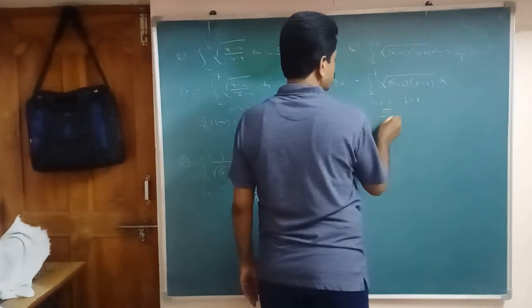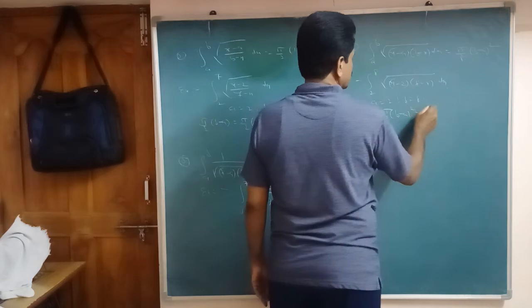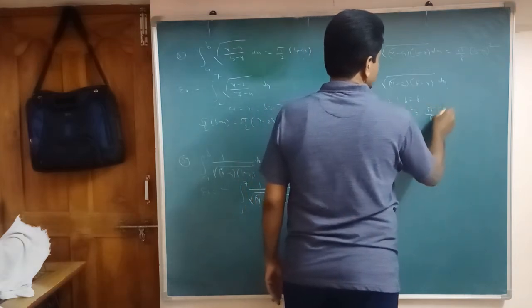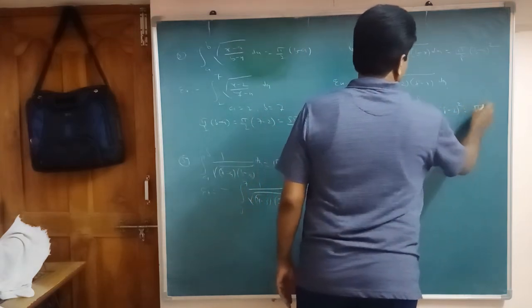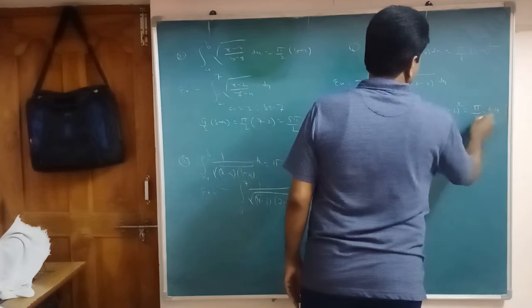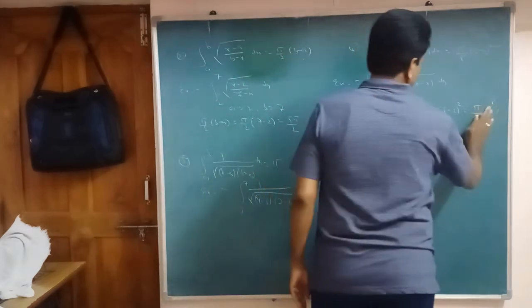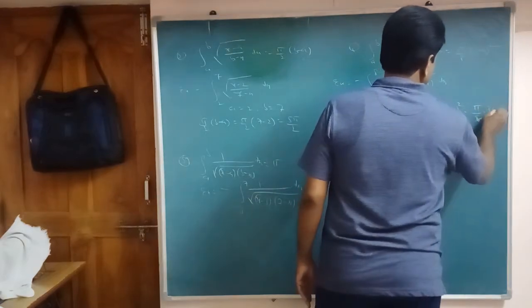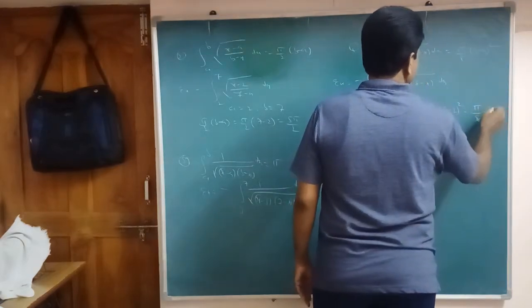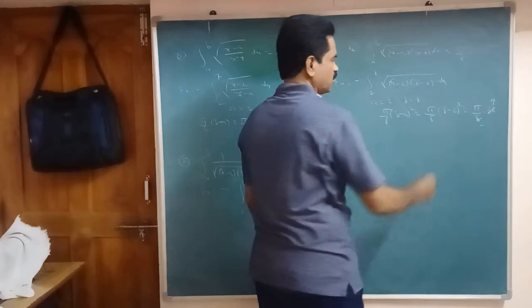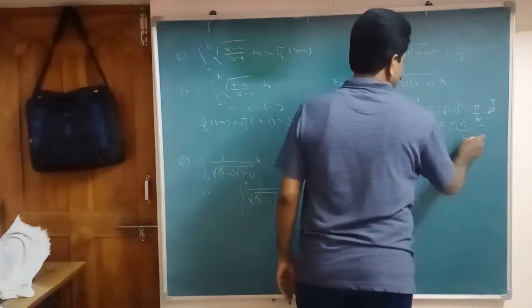So pi by 8 into b minus a whole square is pi by 8 into 8 minus 2 whole square, pi by 8 into 36. 6 square is 36, so 4 nines, that equals 9 pi by 2.